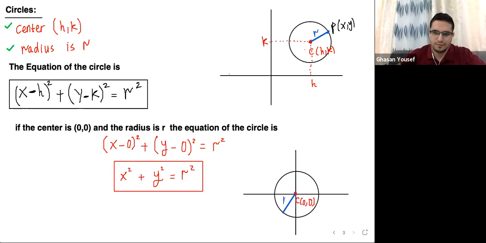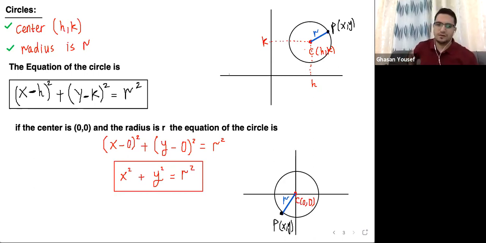And this point here is called P of x, y.